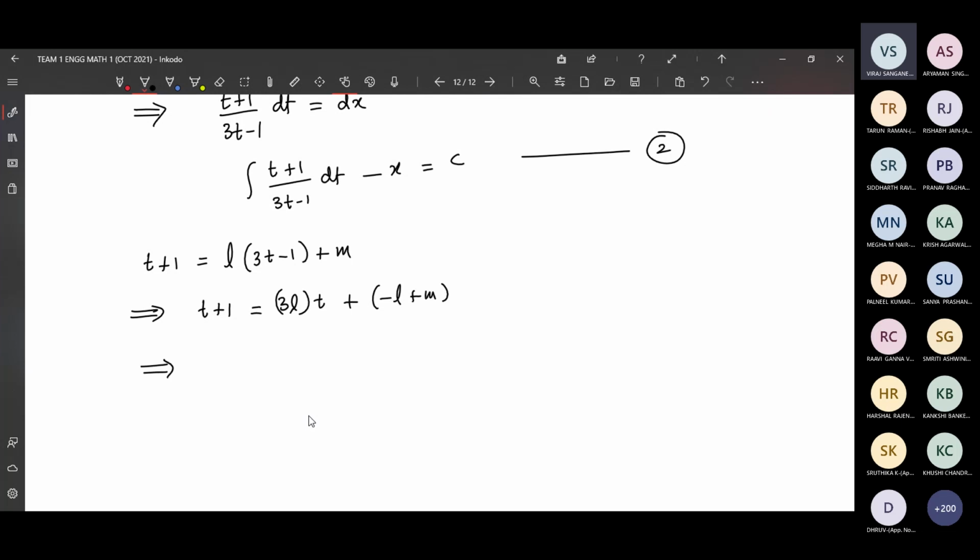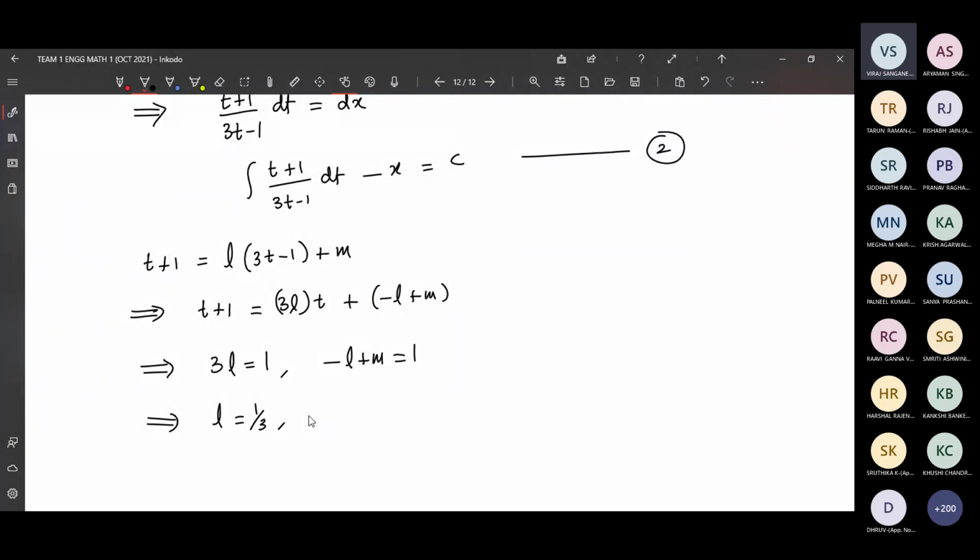Ultimately you need to resolve that integration. Now comparing the coefficients of like terms here: the term multiplied with l, the coefficient of t is 1, so 3l is 1, and if you compare constant terms, minus l plus m is 1. So this l is 1 upon 3.